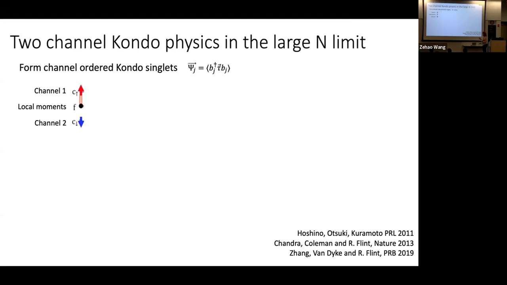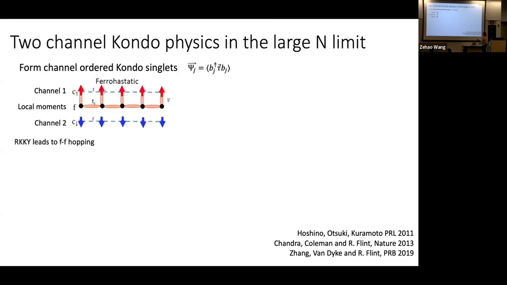So you can form what we call ferrohastatic order, where they're all aligned. And in this picture, I'm also allowing f electron hopping, because that turns out to be important to fully understand the physics in this model. It's generically possible, actually, as Fokker showed yesterday, where from the RKKY coupling or Heisenberg coupling you get an FF type hopping term.